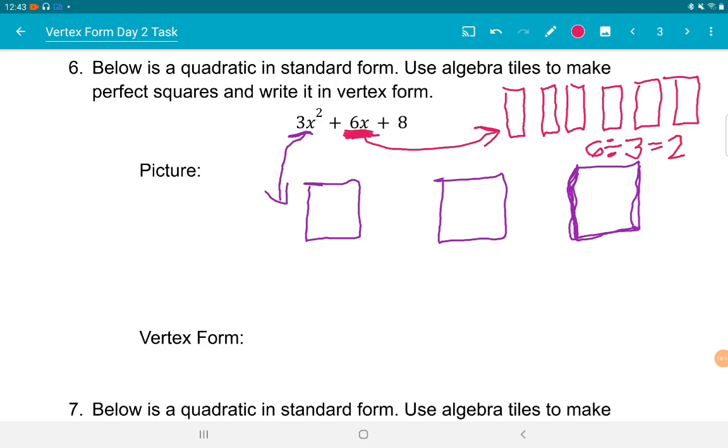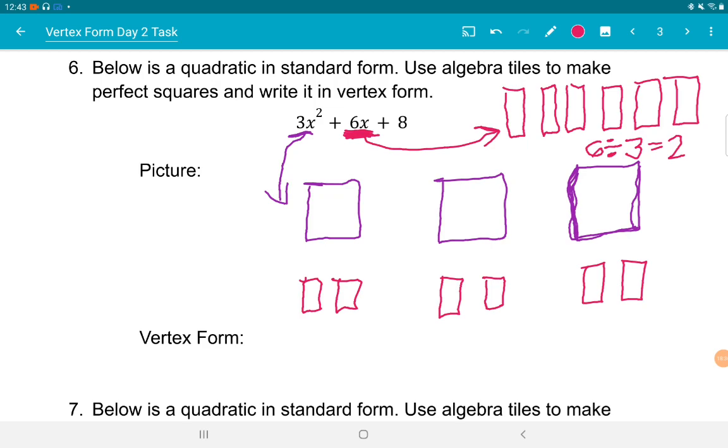So that would give me 2 x tiles per square, okay? Which means I've got to put 2 on the first square, 2 on the second square, and 2 on the third square, okay? That will give me a total of 6.